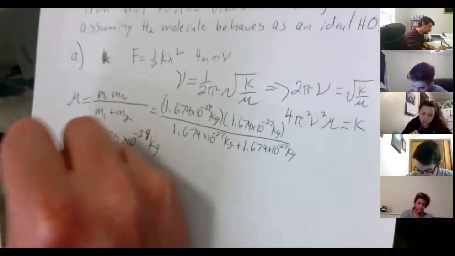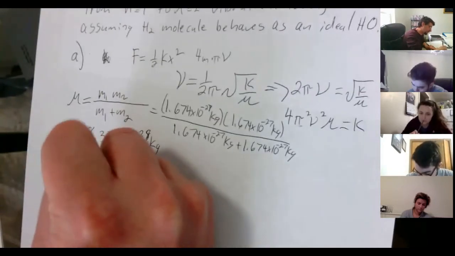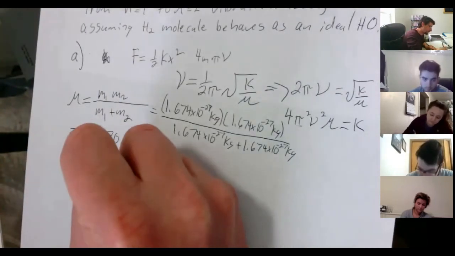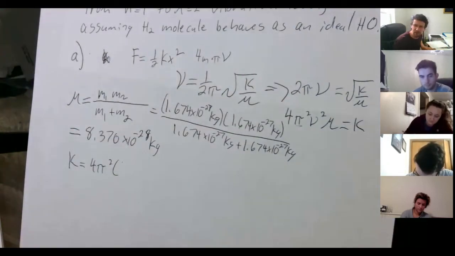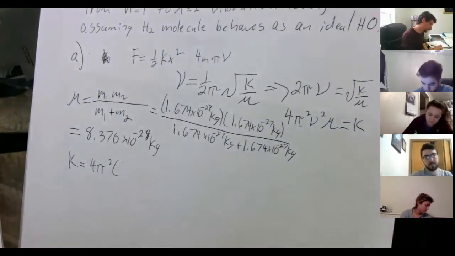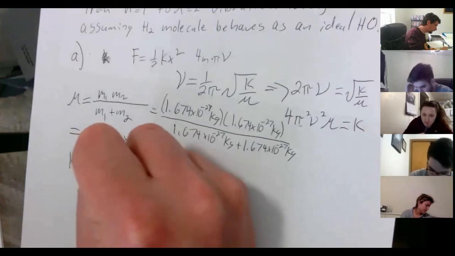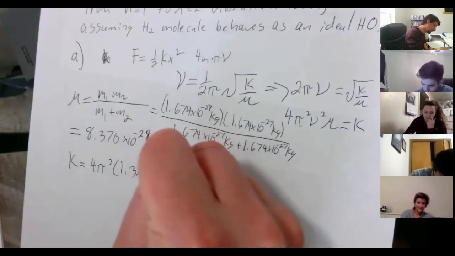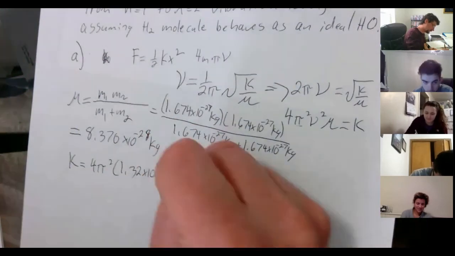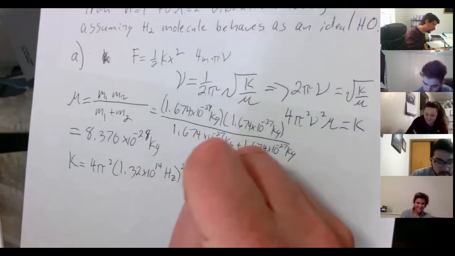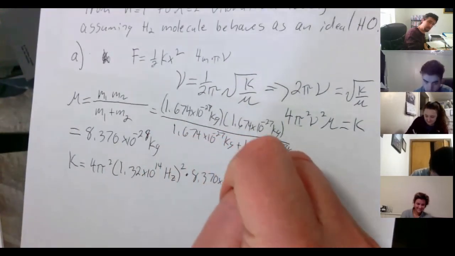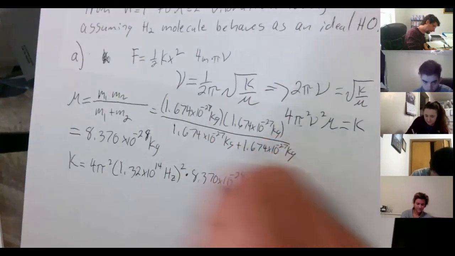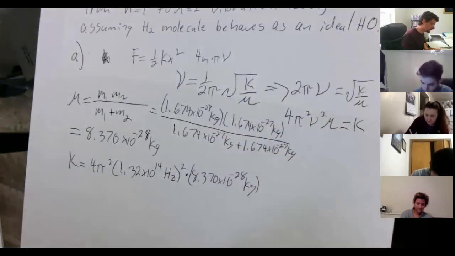Okay, so now K is equal to 4 pi squared. We got those hertz. What did we say our frequency was again? 1.32 times 10 to the 14th hertz. We gotta square that. We got a reduced mass. That's also, nope, that's not squared, that's left alone.